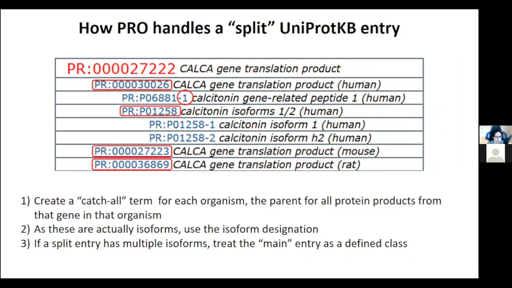We have a way of doing the gene translation product automatically, but I think we tend to do it more on a case-by-case basis. I actually don't remember exactly how we do it anymore, because some of this stuff was coded so long ago that it's gone from my memory.